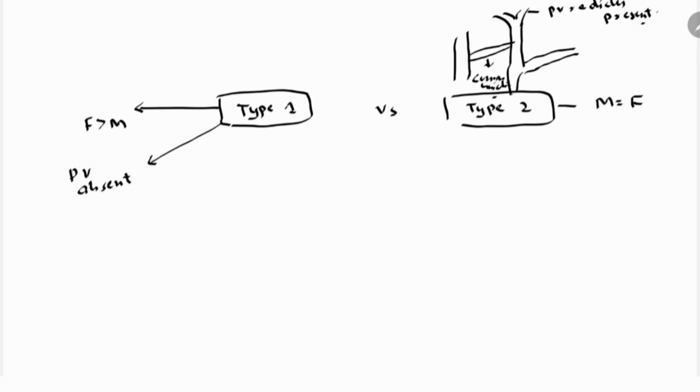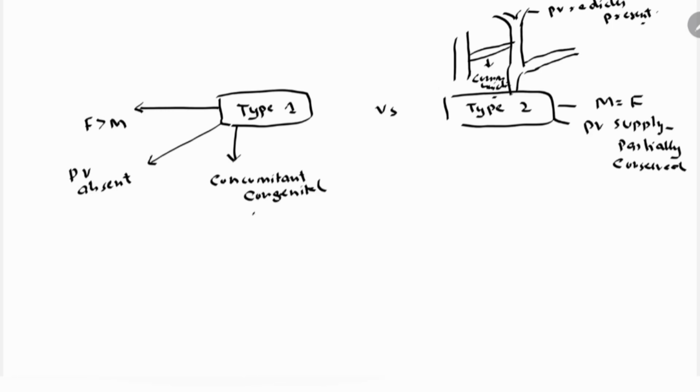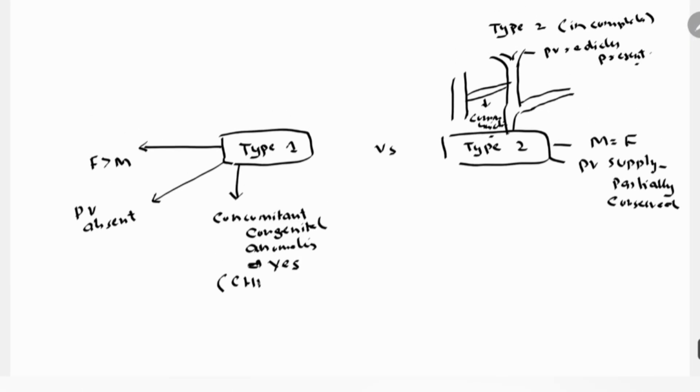In type 1, portal vein and portal venous radicals will be absent, while in type 2, portal venous supply is partially conserved. In type 1, concomitant congenital anomalies may be present, while in type 2, you will find very few concomitant congenital anomalies.